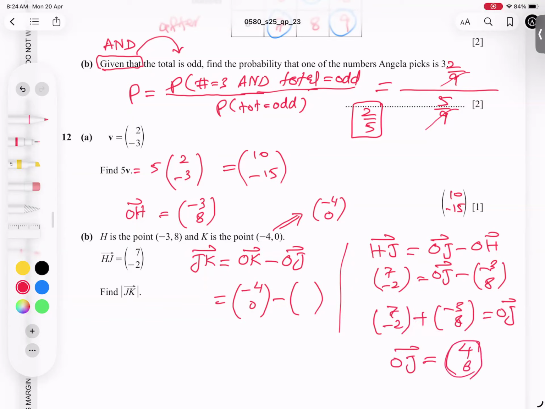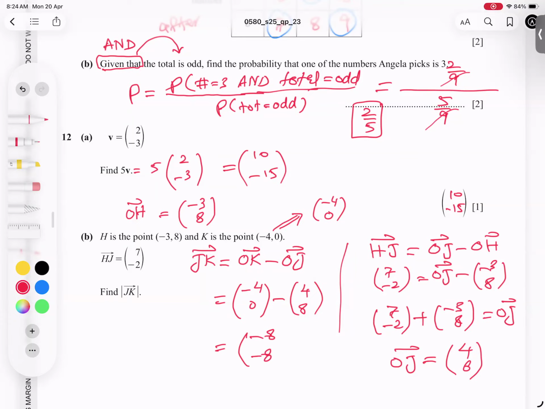Okay, this value I'm going to plug in here, 4, 8. So if I solve it, negative 4 will give us negative 8. This is giving us 4 and 4, and this is giving us minus 8. Let me check again.